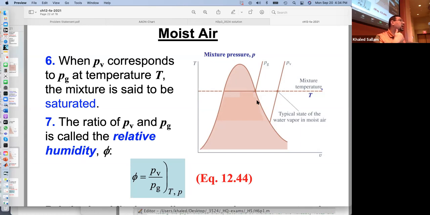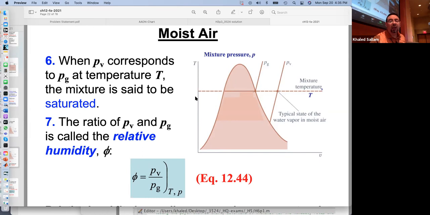Because if the water vapor in this room has pressure higher than this, and it's still at 25 degrees because the room is 25 degrees, that high pressure will end up being where? It will end up being like this, then like this, then like this. So it will intersect with the 25 degree line in the compressed liquid region.